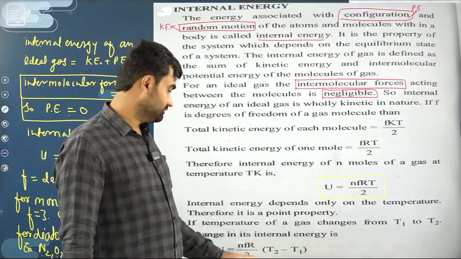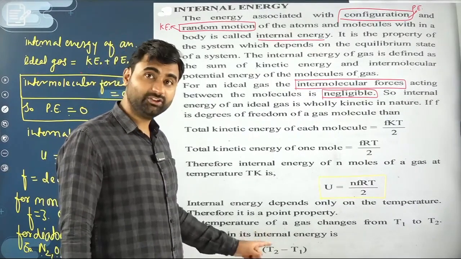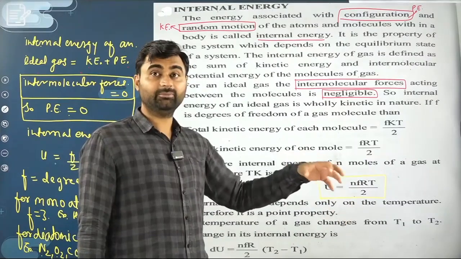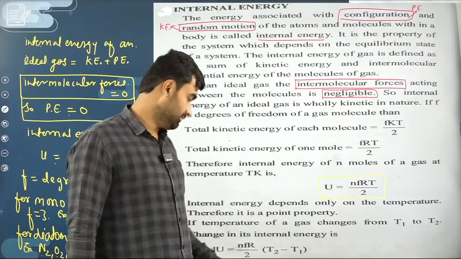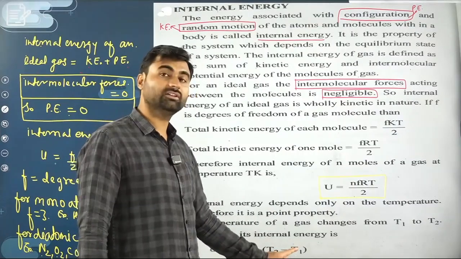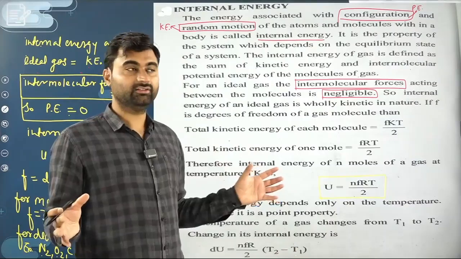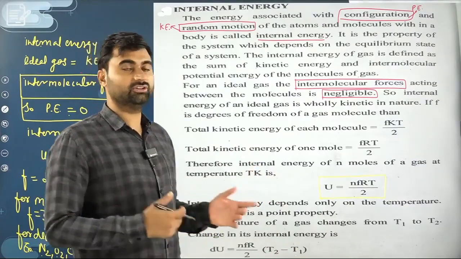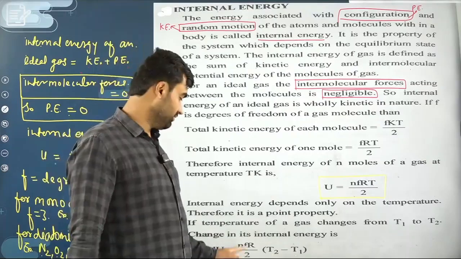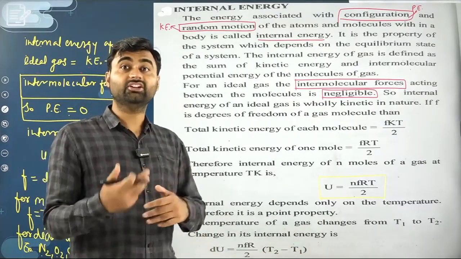F by 2 nR T2 minus F by 2 nR T1. We can take F by 2 nR common, then it becomes F by 2 nR times (T2 minus T1). This is the change in internal energy, dU. If we change temperature, the internal energy also changes.